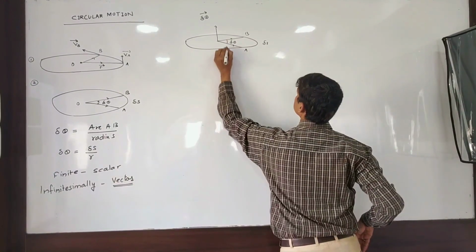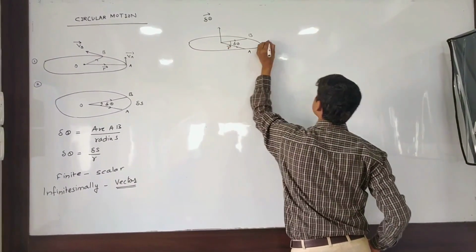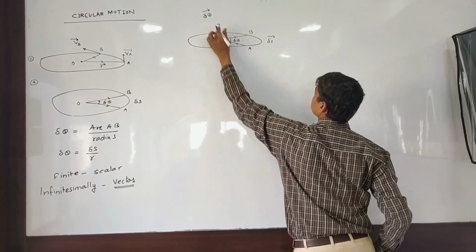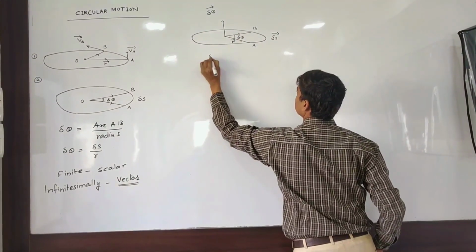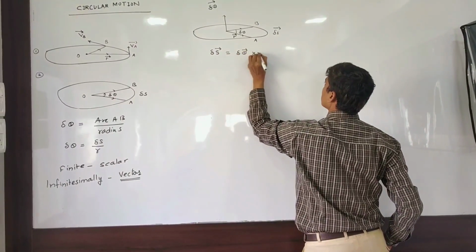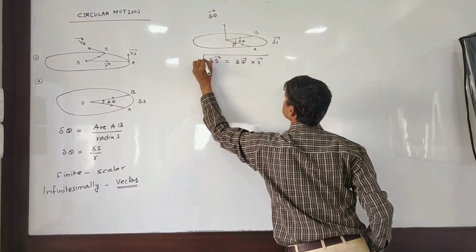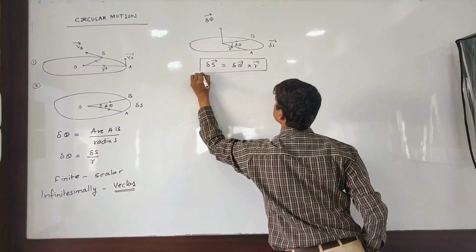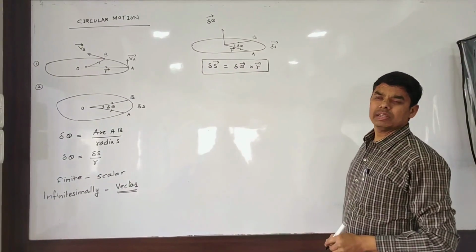If we consider the relation between linear displacement delta S bar, radius vector and angular displacement, we have delta S bar equals delta theta bar cross R bar. This is a very important relation.